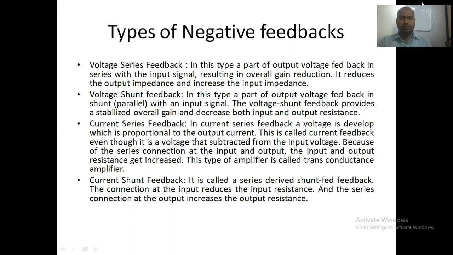Types of negative feedback. We know that, why have we not studied the positive feedback here? Please tell me. For that purpose, I have given you one hint. Please see the name of this chapter.